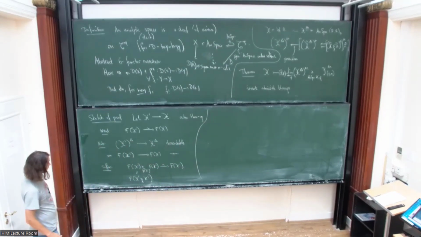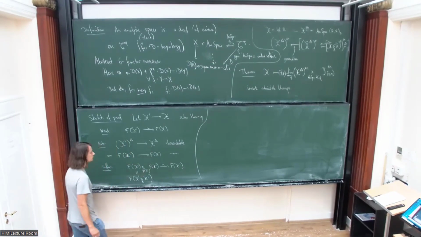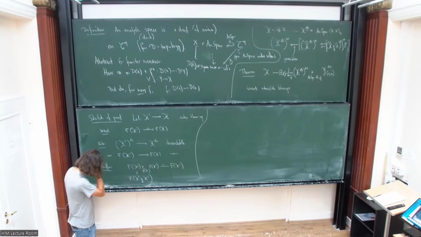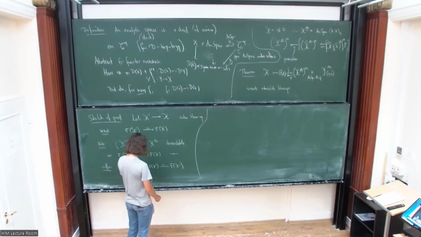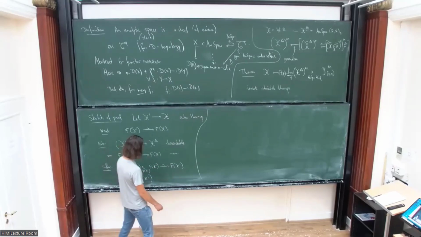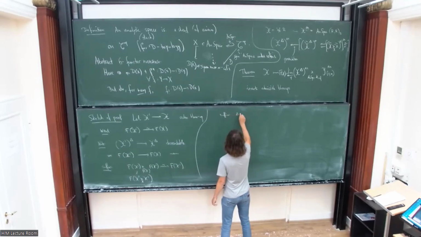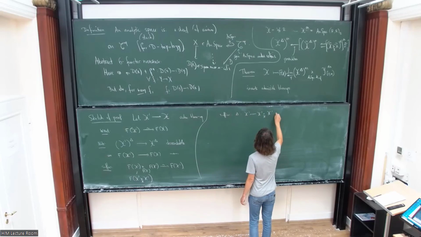But this means that instead of proving that it's the projection to one factor here, we can also instead prove it for the diagonal, the diagonal from X prime.